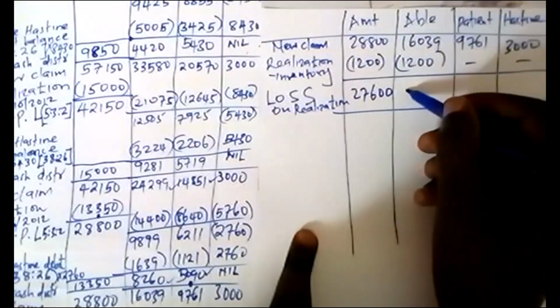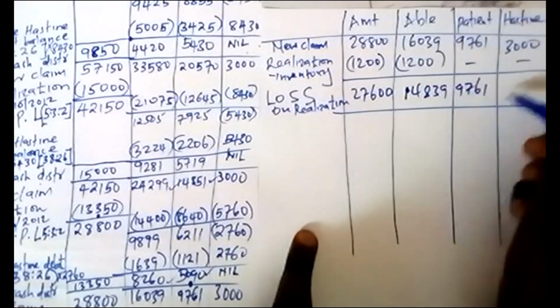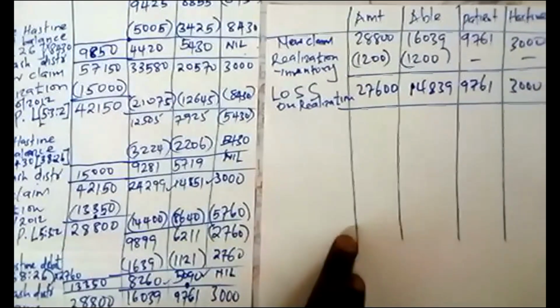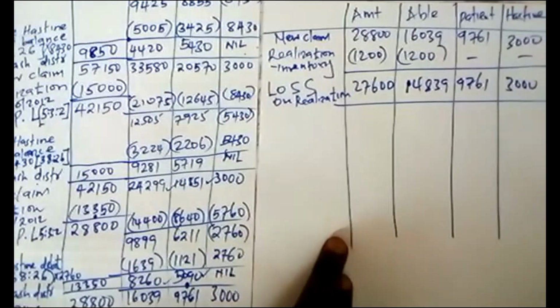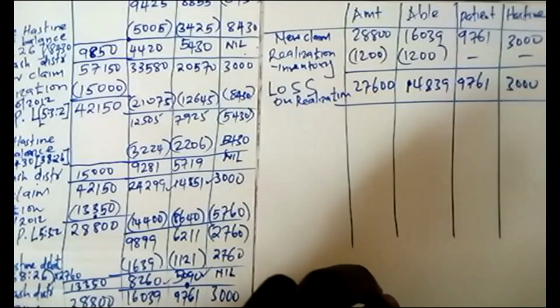And this one is 14,839. That is fine. So up to that point, remember that we are done with the statement. If there's any question you can raise, anybody who has a question is free to unmute and talk.